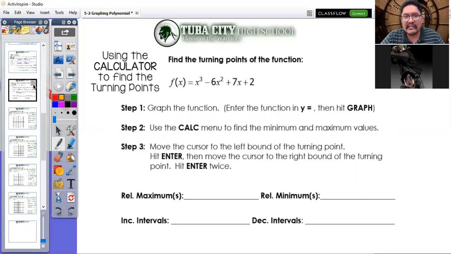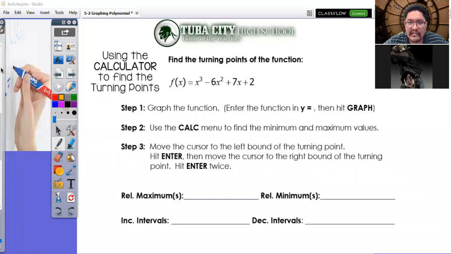But the resolution on these is very low, and it's really hard to find the minimums and maximums or turning points for these kinds of calculators. But you're in luck, because if you're watching this, then by all chances you do have internet. We're going to use Desmos, and that's exactly where I'm going to go next.